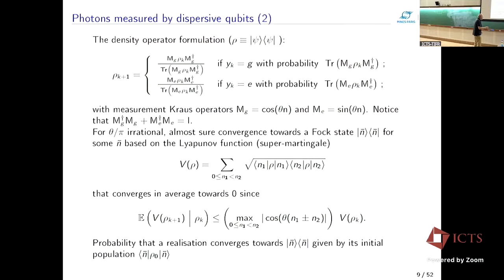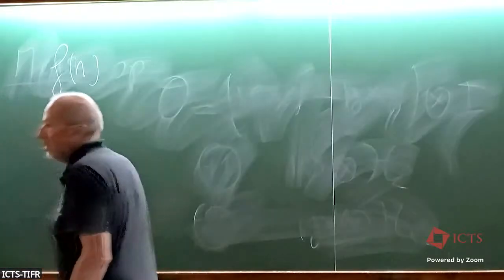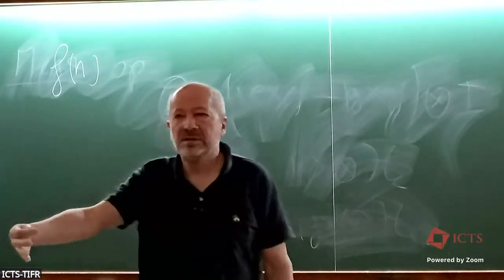And the last point, which is important, is this. Because on this system, you have a lot of first integrals, a lot of martingales. And the martingale, so if you take any function of n, this operator, it is constant in average.